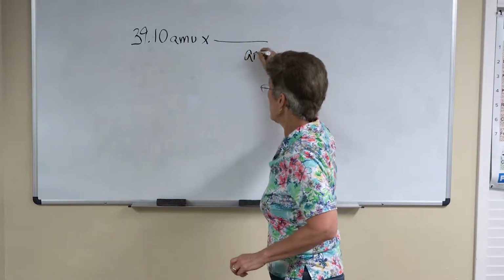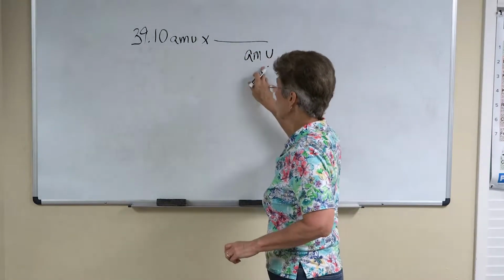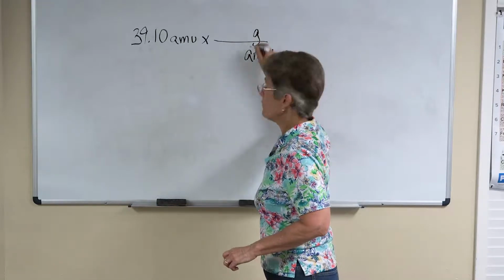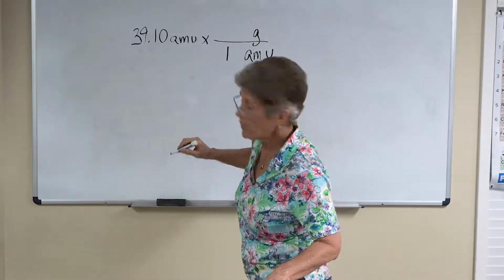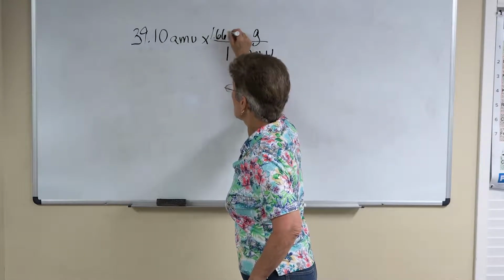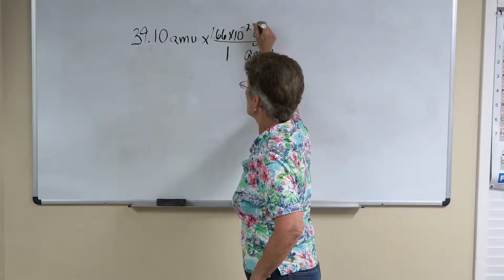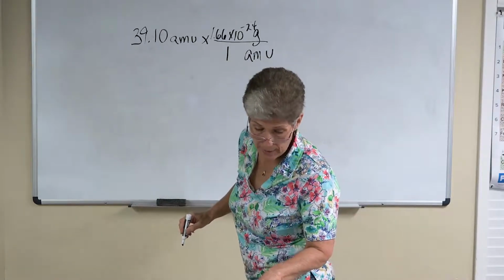So we're going to put our AMUs on the bottom, whatever's here always goes here, and our grams on the top. And we're told at the top of the page that 1 AMU equals 1.66 times 10 to the negative 24th grams.